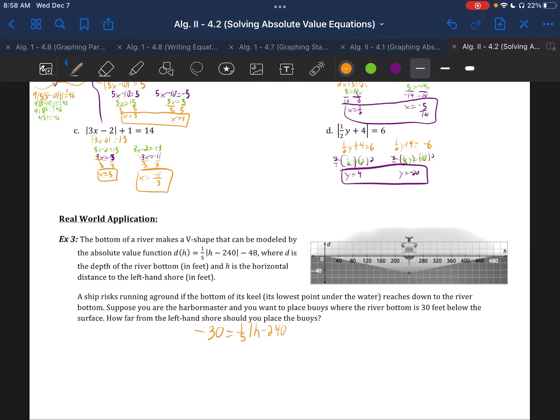So we're going to say negative 30 is equal to 1/5 times the absolute value of h minus 240 minus 48. And we're going to solve for the horizontal distance h. And we should get two answers, one for how far on this side and one for this side. And they both tell us how far from the left.